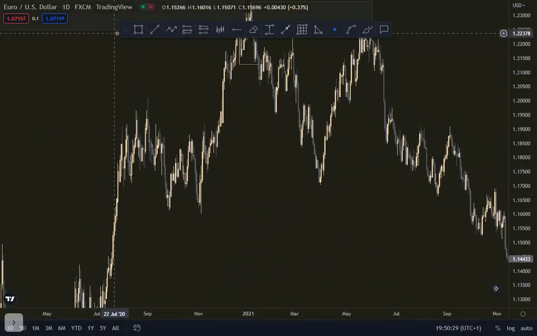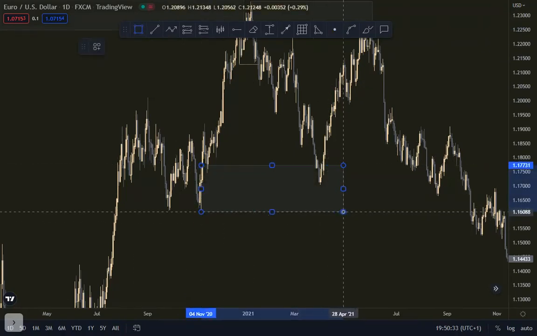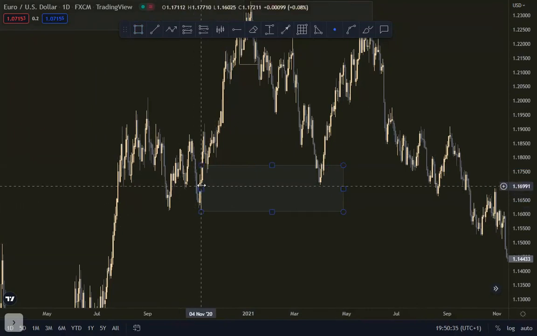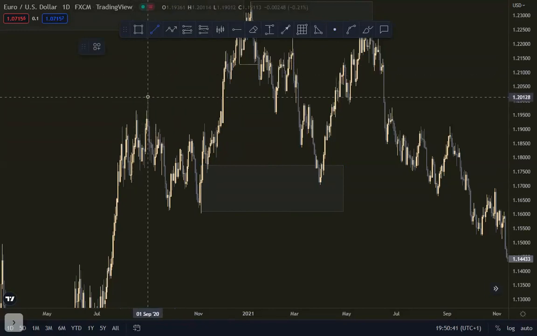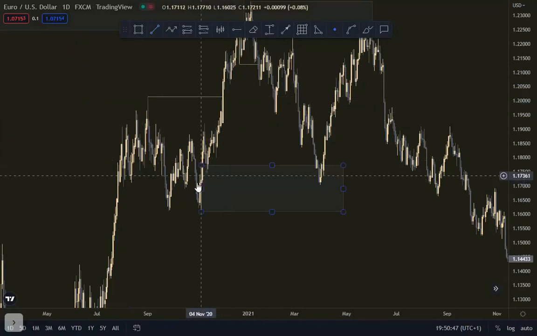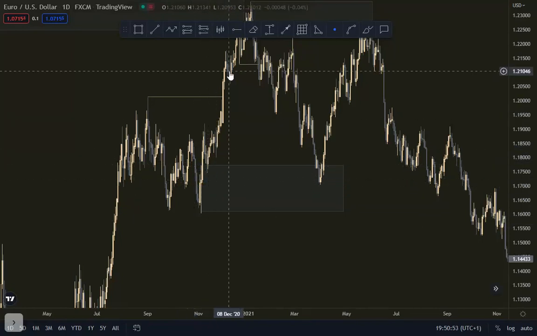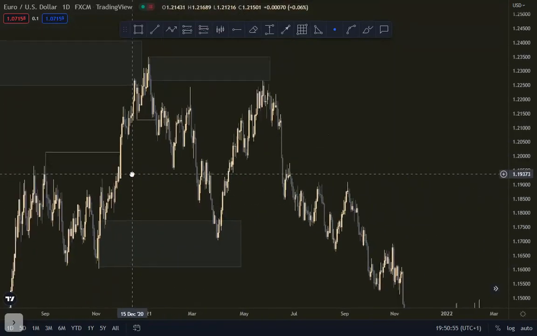What else are we looking at? Okay, let's look at this inside bar here. One, it took out liquidity. Two, it moved impulsively and broke structure, right? The next candle was engulfing. So it took out liquidity, engulfing, broke structure with an impulsive move.